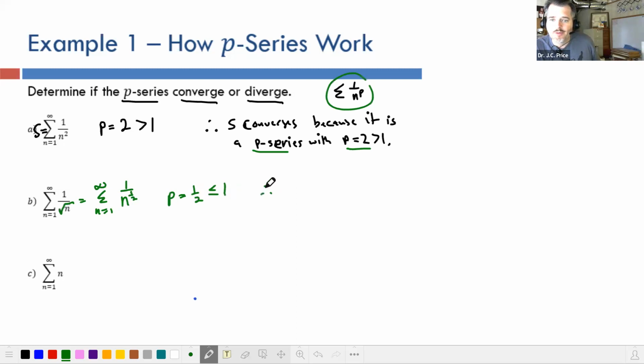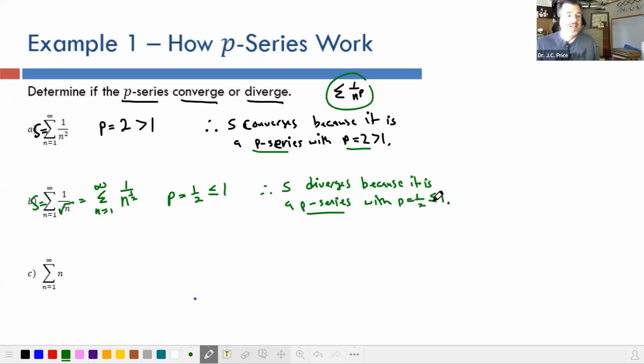So therefore, my series S doesn't converge, it diverges, because again, it is a p-series. So we identify the type of series and say the p-value, with p equal to 1/2, and it's less than or equal to 1. So when p is less than or equal to 1, you get divergence. When p is bigger than 1, you get convergence on these p-series.